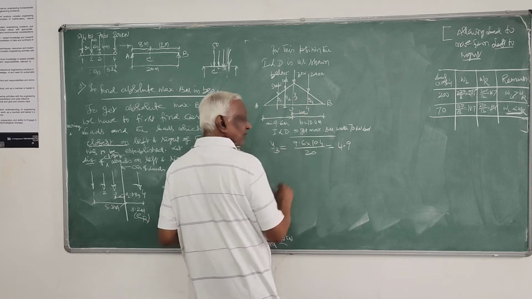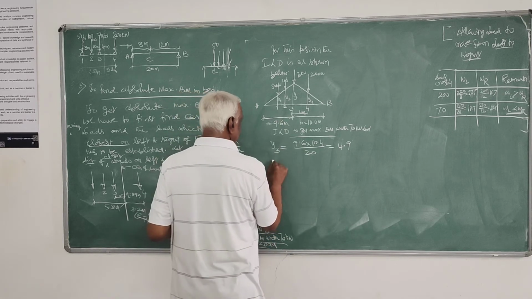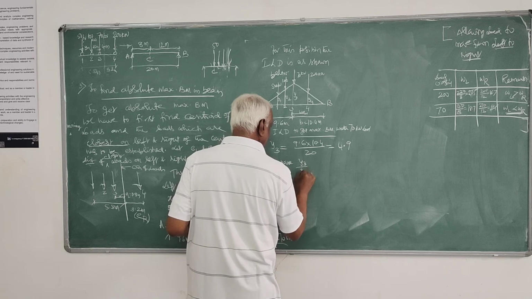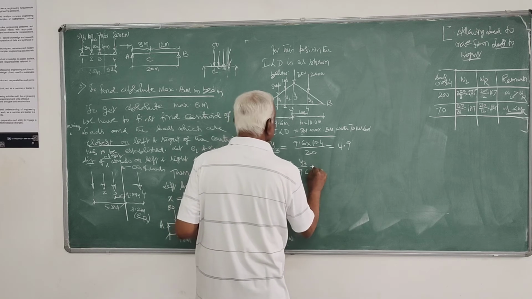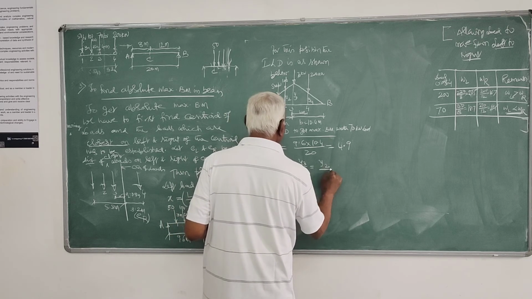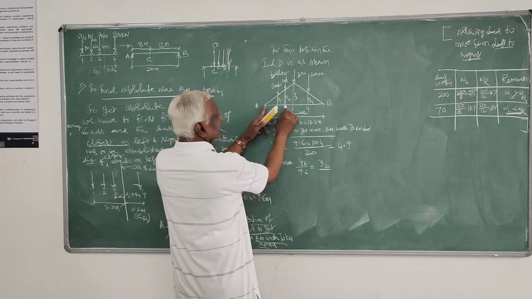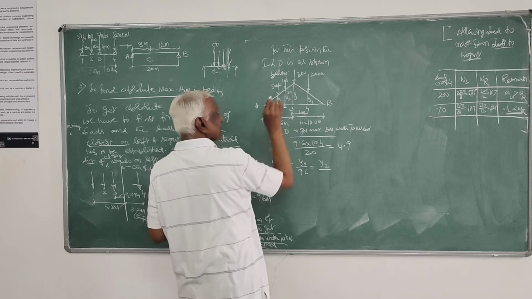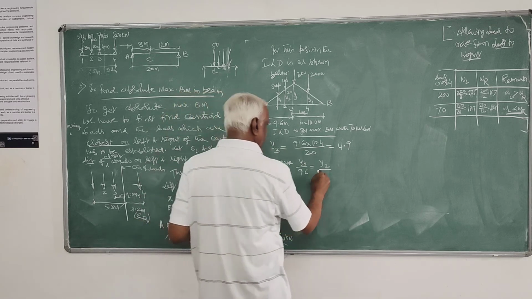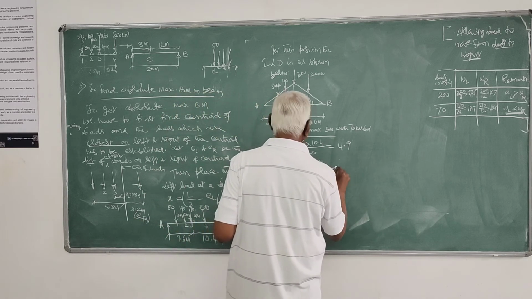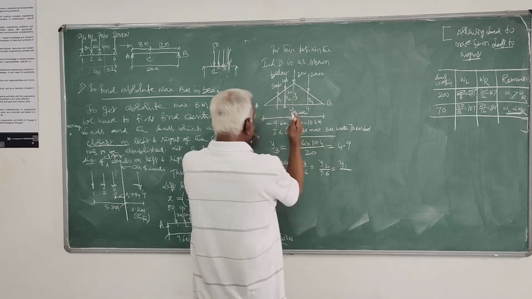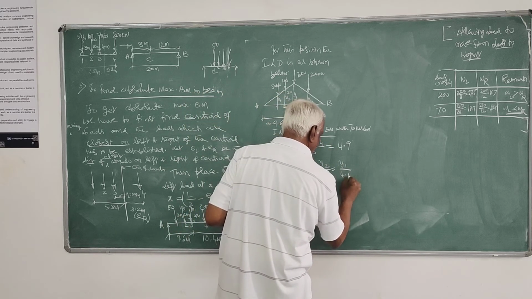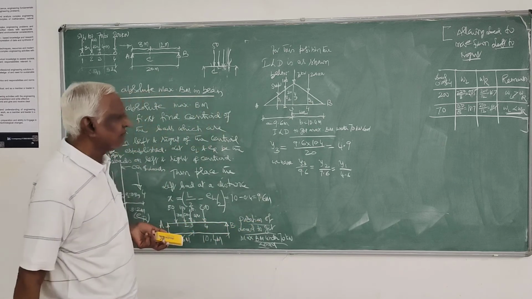So Y3 is 4.9. Then we have Y3 divided by 9.6 is equal to Y2 divided by this distance, that is 9.6 minus 2 meters, 7.6. That should be equal to Y1 divided by 7.6 minus 3, 4.6. Right?